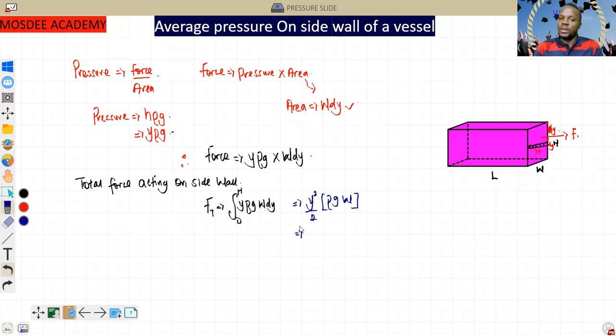So where I see y, I'm taking the limit from 0 to h. You can put it here for understanding's sake. So where I see y now, y is now h.